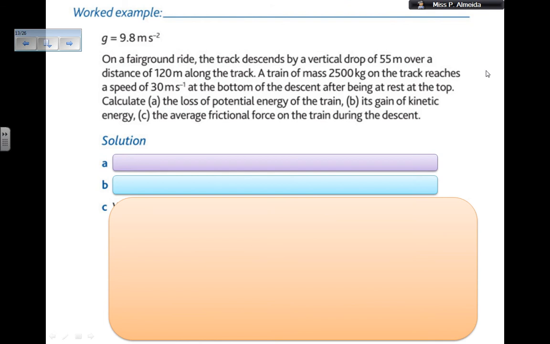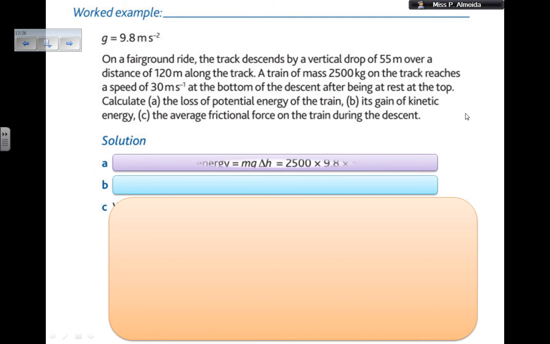They say that the maximum speed is going to be 30 meters per second, which is at the bottom of the descent, of course, and they say that the initial velocity is 0 because it is at rest at the top. They want the loss of potential energy, the gain of kinetic energy, and the average frictional force on the train during the descent.